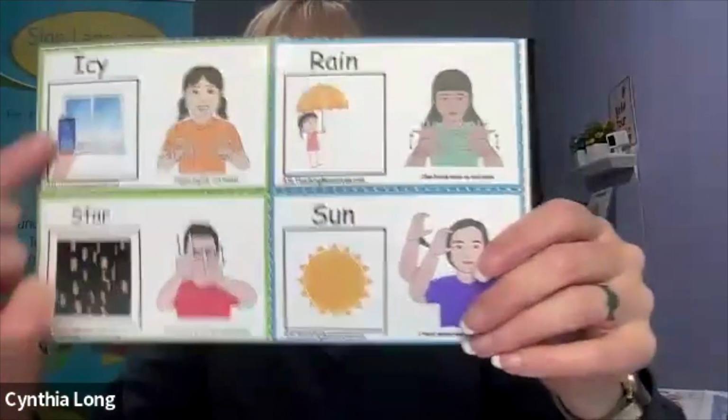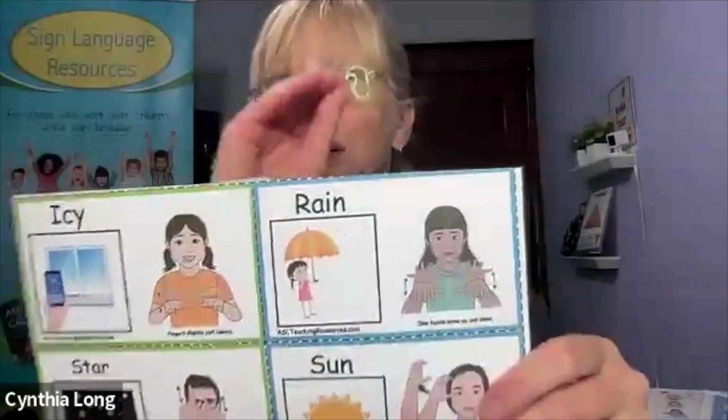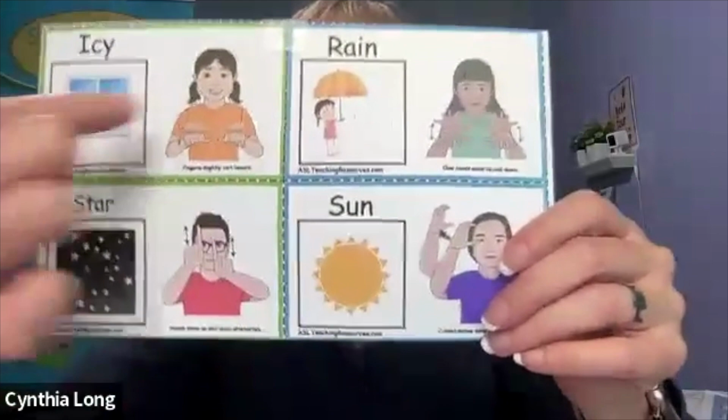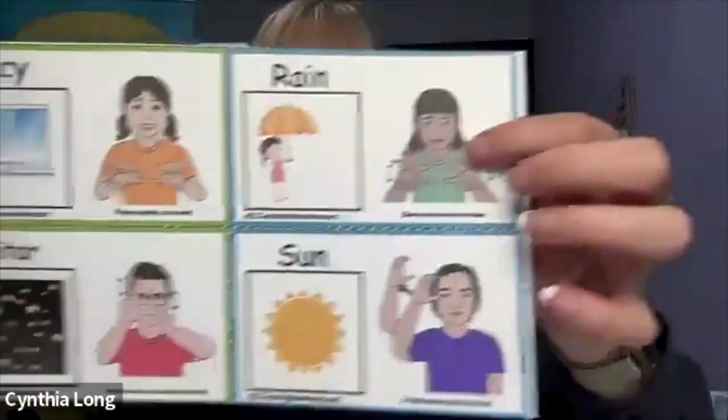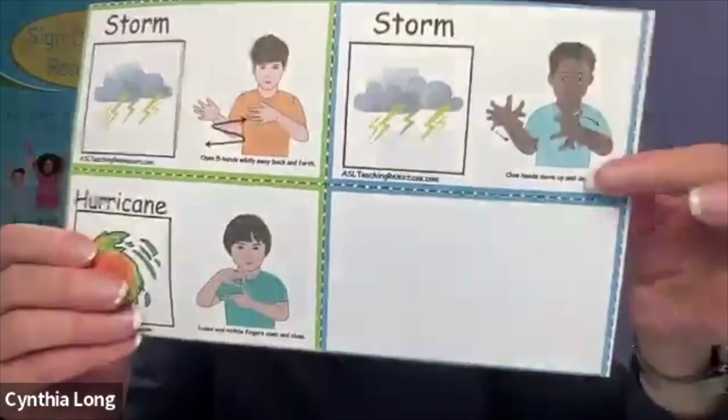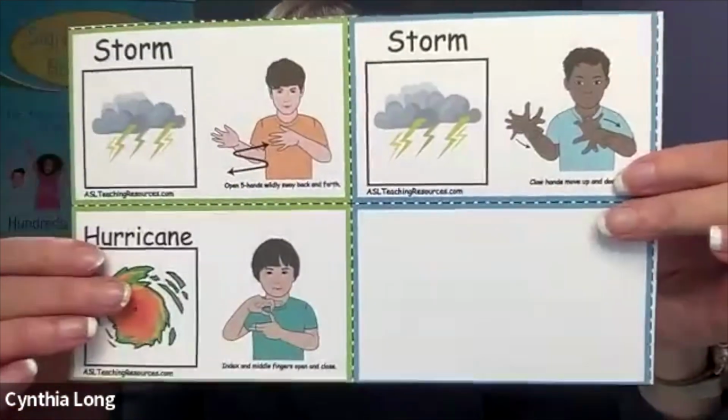And these are some of the other flashcards I was explaining. This is what those look like. Again, you can go to ASLTeachingResources.com and just search weather and see these right here. And you can teach from these too. I'll just give you a quick look at these so you can see what they look like. Here we even have hurricane, different kinds of things.